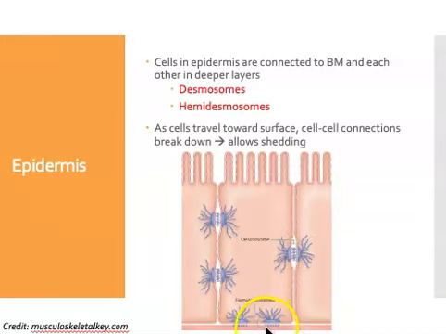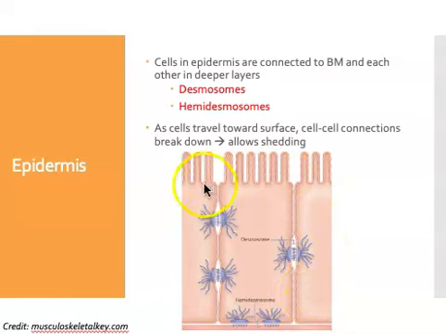Here's the connection point to the basement membrane, and here are those anchors reaching into the cell. In fact, hemi translates as half. So a hemidesmosome is essentially a half of a desmosome.